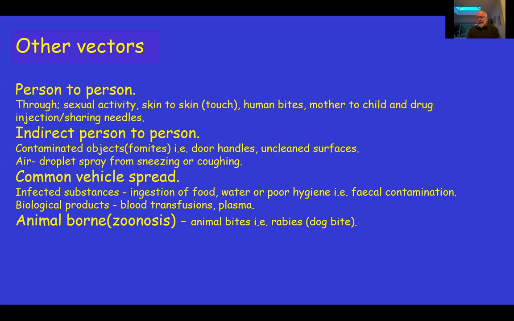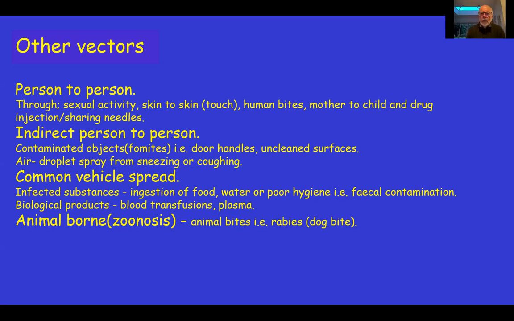Other ways you can actually get infected is unfortunately through blood transfusions and plasma. We have very rigorous protocols in Europe, the UK, and the Northern Hemisphere, but in other parts of the world where they haven't got the money, it may well be that blood transfusions and plasma are in short supply because of the cost.